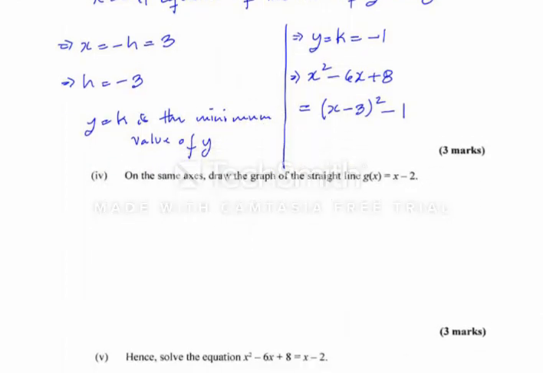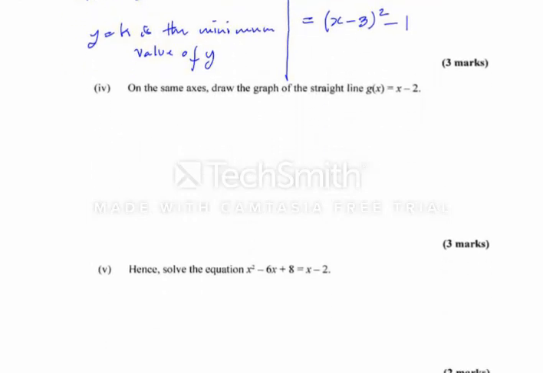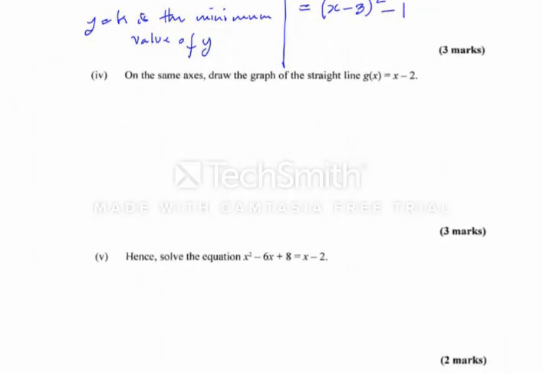Let's look at the B part of the question. It says on the same axes, draw the graph of the straight line g of x is equal to x minus 2. So let's write the defining equation of this function.